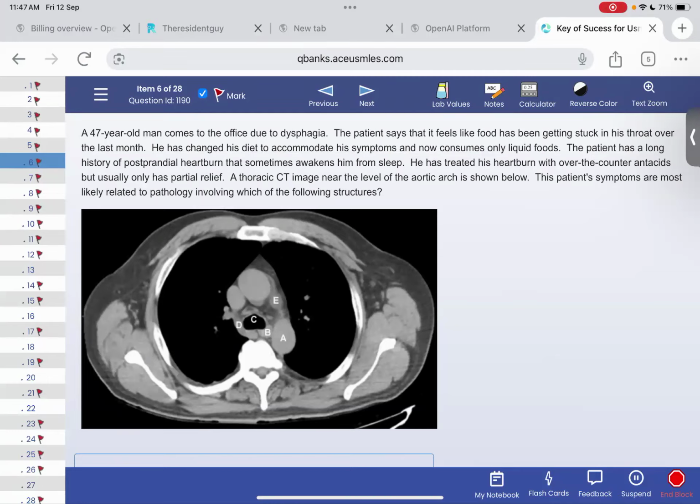The patient has a long history of postprandial heartburn that sometimes awakens him from sleep. He has treated his heartburn with over-the-counter antacids, but usually only has partial relief. A thoracic CT image near the level of the aortic arch is shown below. So these patient symptoms are most likely related to the pathology involving which of the following structures.